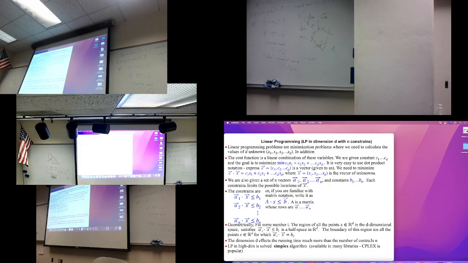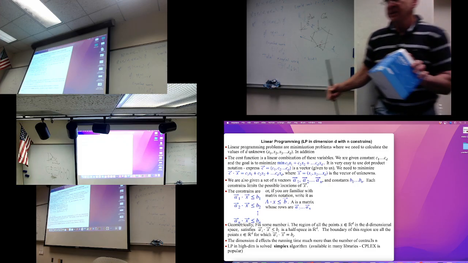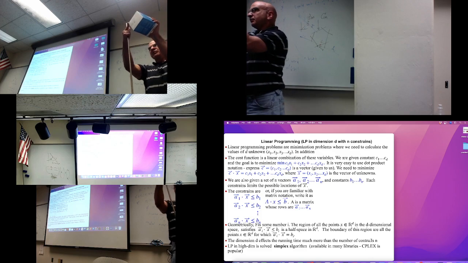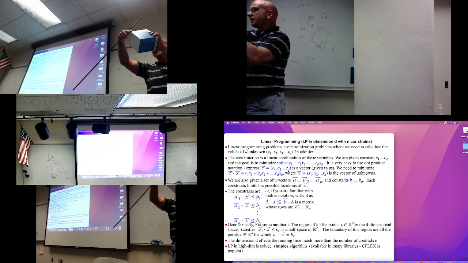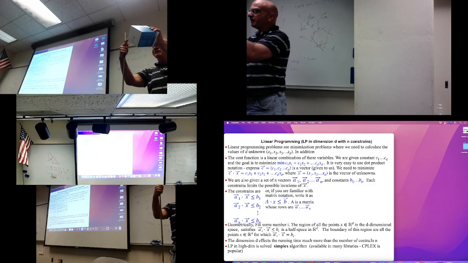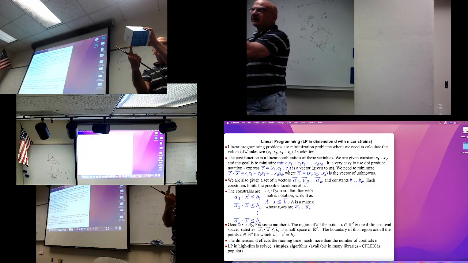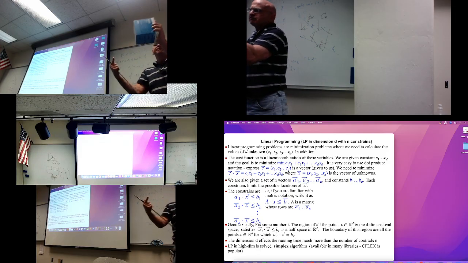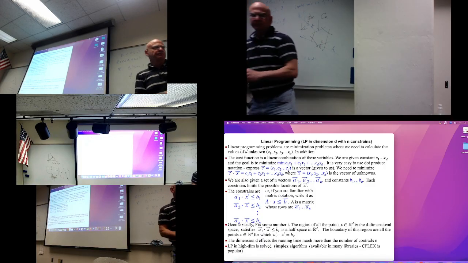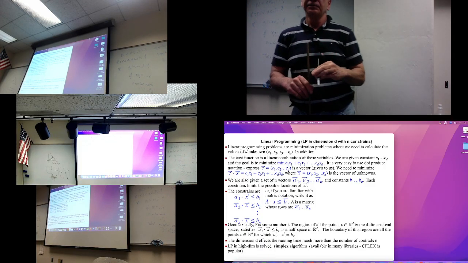Here is my polytope, starting from one vertex, following an edge to a better vertex, a better vertex, a better vertex, until I find a vertex that is a minimum locally. And since it's a convex polytope, it's also the global optimum, as usual. So that's the beauty of convex programming.